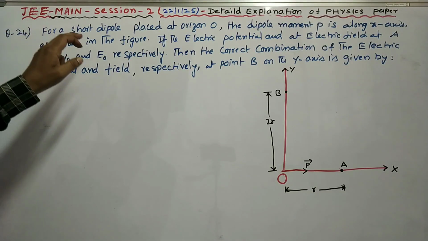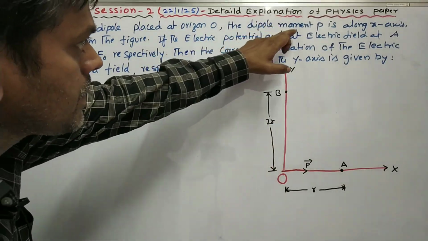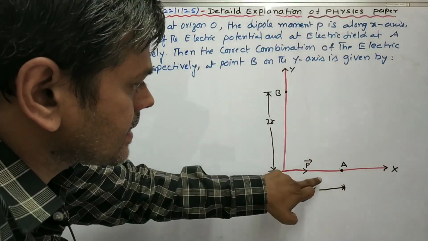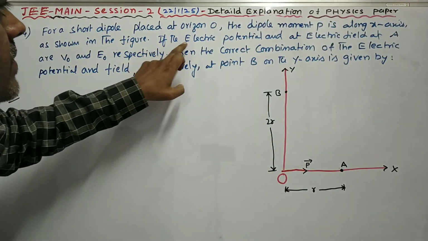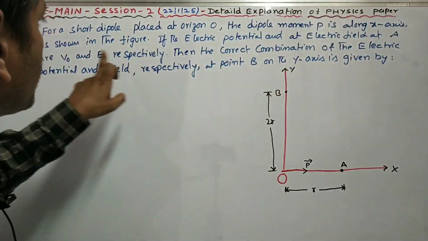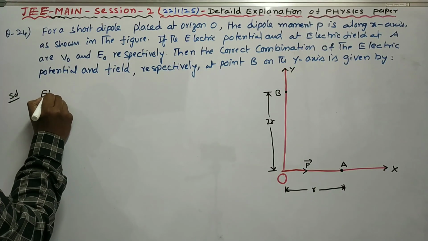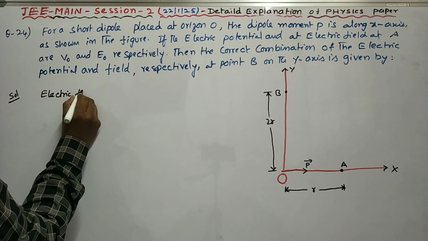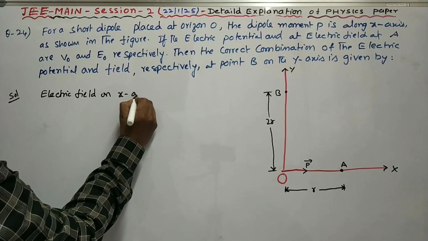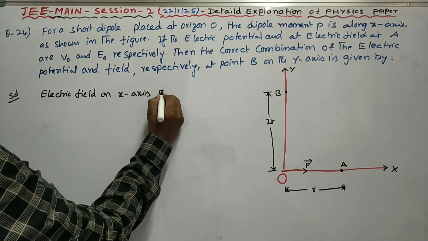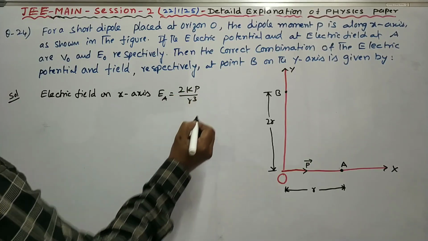The 24th question: for a short dipole placed at origin O, the dipole moment P is along the x-axis, as shown in the figure. If the electric potential and electric field at point A, that means along the x-axis, the electric field on the x-axis is EA equal to 2kp by r cube.